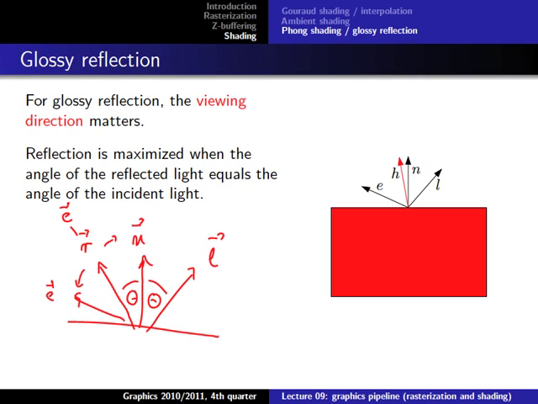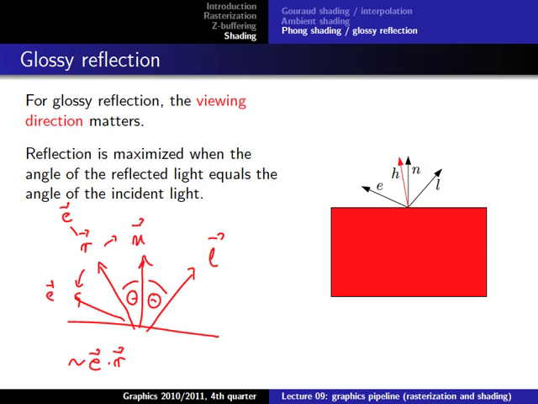So if the distance between the eye vector and the reflection vector is small, then the reflection becomes stronger. So it is proportional to the scalar product of E times R.